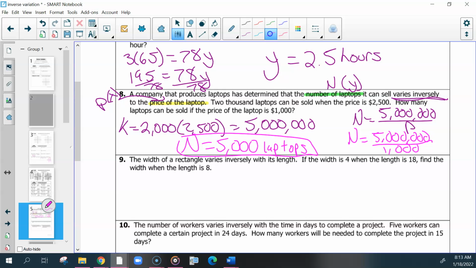Anyone have any questions, confusion about anything we just did, how we set that up, how we solved it, how we got that answer?